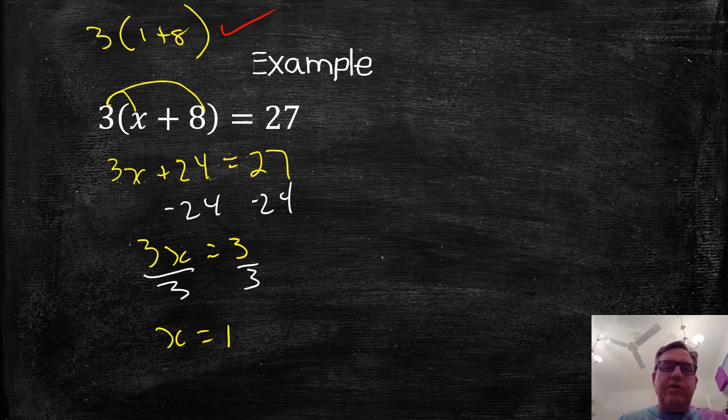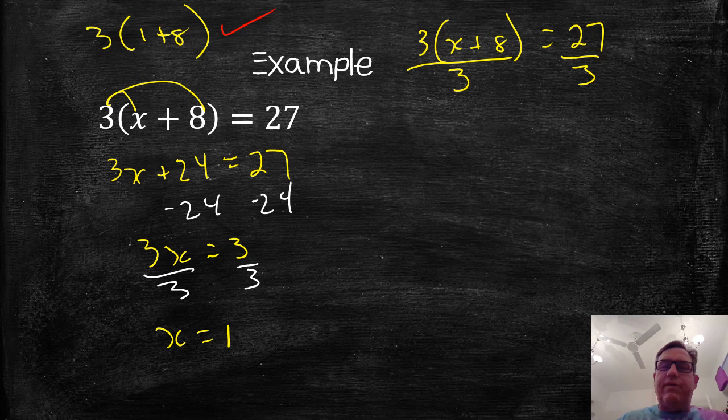Now, there's something else we can do. This says 3 times x plus 8. So what we can also do, this time we have 2 choices. I could also divide both sides by 3, because the opposite of multiplying the bracket by 3 is dividing by 3. If I divide the whole left side by 3, and the whole right side by 3, the 3s cancel.